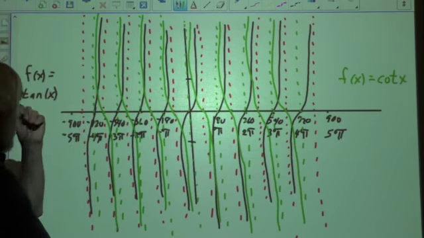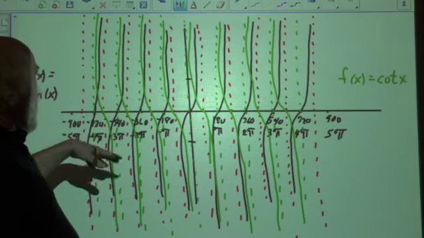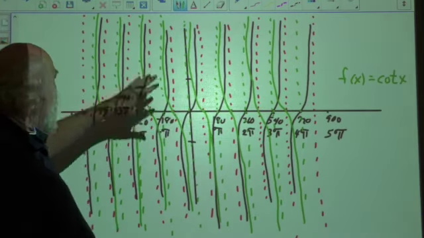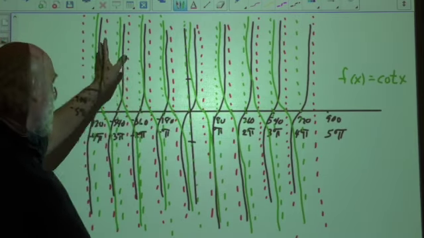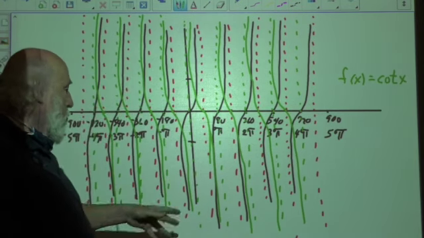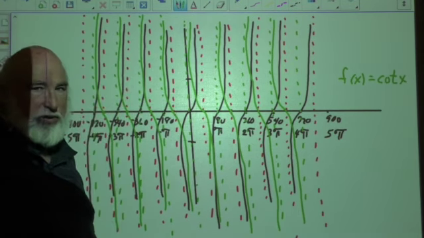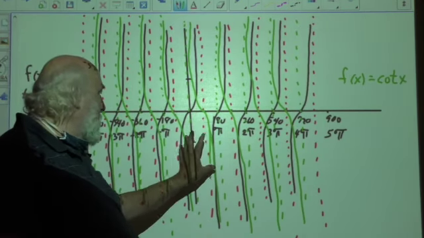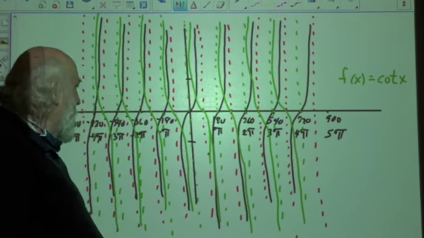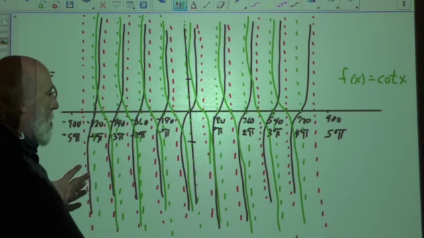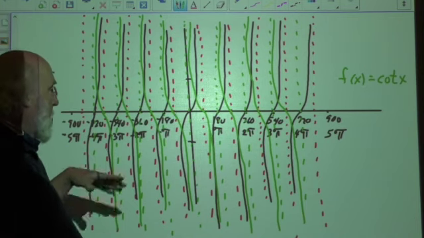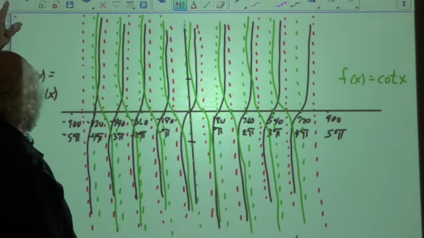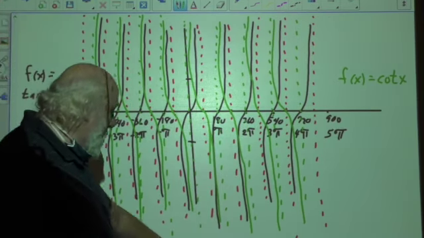This freak show right here, I have two graphs going on. I have the tangent of x in black and the cotangent of x in green, and they are reciprocals of each other. But you'll notice that there is a distinct pattern between the intervals of tangent, and it's about pi.